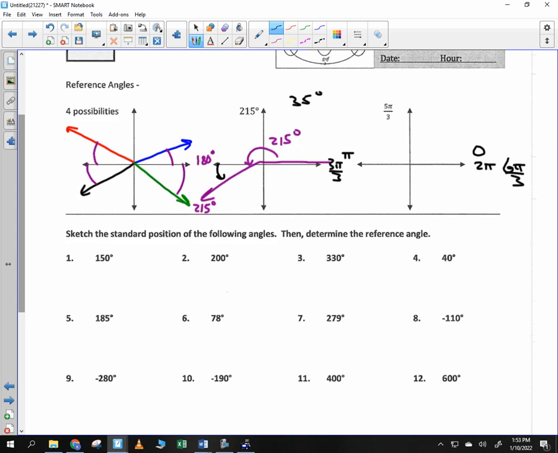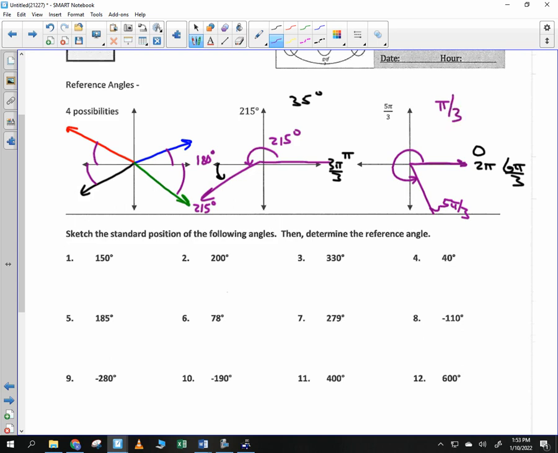So 5 pi over 3 would place me in which quadrant? The 4th quadrant. Anybody want to guess the angle formed between 5 pi over 3 and 6 pi over 3? Pi over 3.